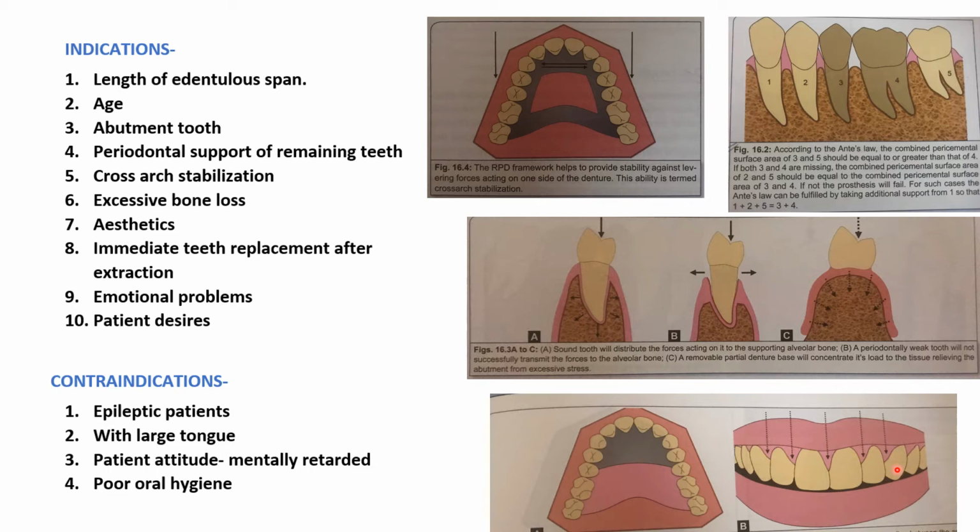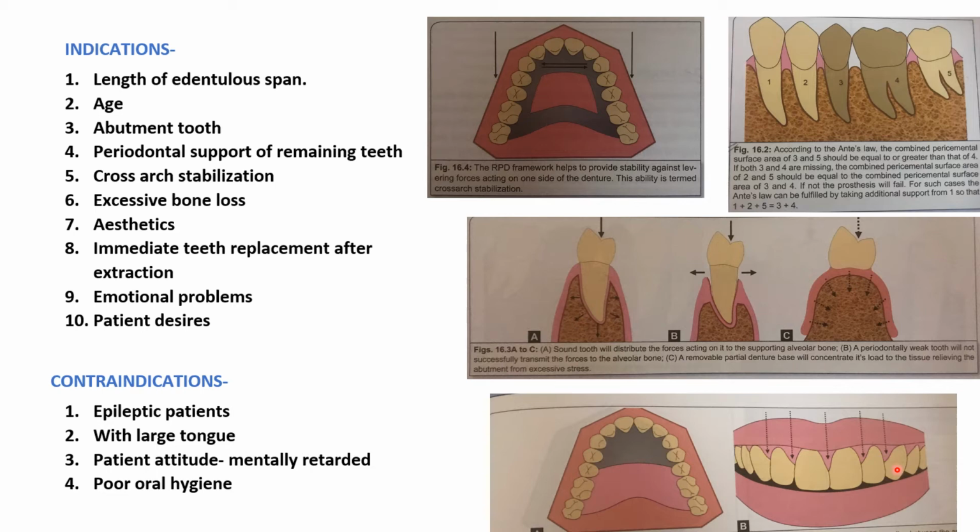And last was patient's desire. When the patient wants a removable partial denture, they do not want fixed partial dentures. Some patients come and say they want dentures that can be removed when they want. There can be two scenarios. One is to avoid operative procedure on sound healthy teeth.